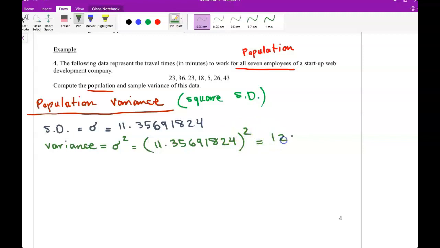That is equal to 128.98, and that one is in minutes. I rounded this one, because on calculator we got 128.9795, so I rounded to 128.98. Since I rounded, let's use this symbol.